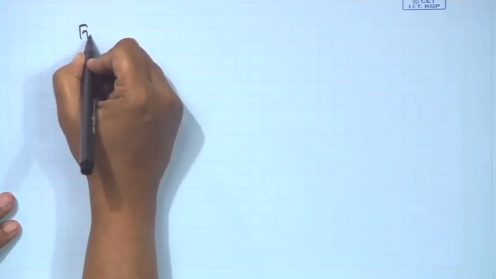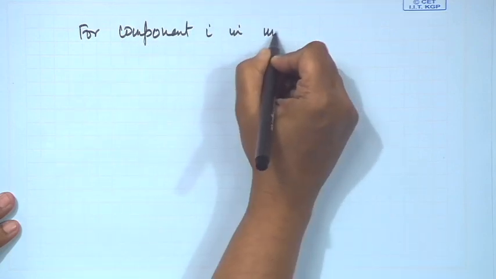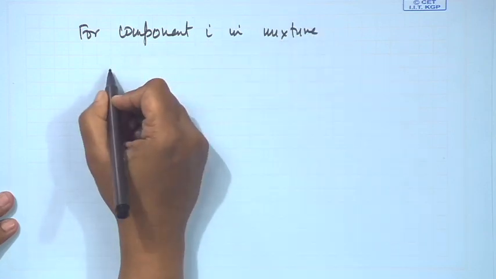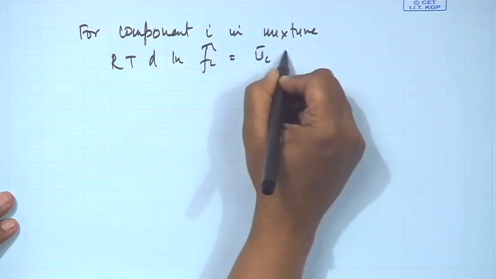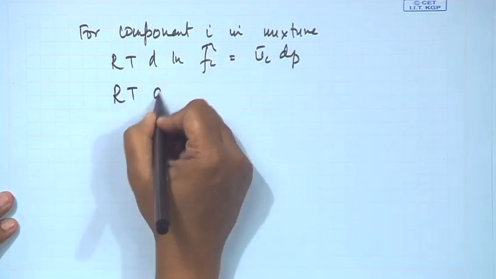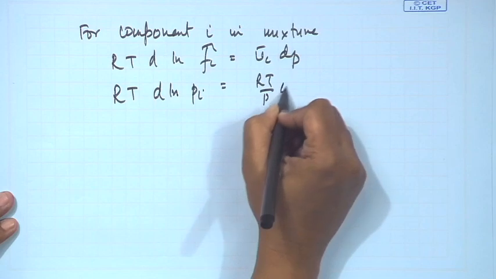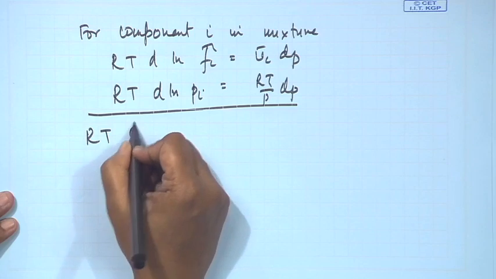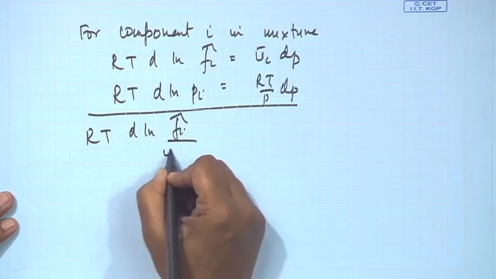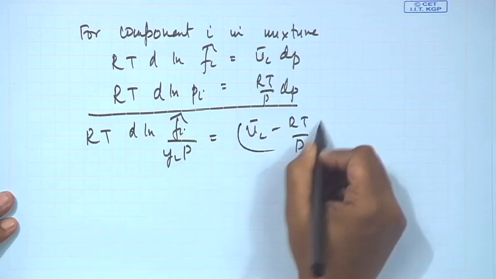Now, let us see what we get for this same component I in mixture. You tell me. In this particular case, it becomes RT dln Fi bar equals Vi bar dP, and RT dln Yi P equals RT by P dP. On subtraction, we get RT dln Fi bar by Yi P equals Vi bar minus RT by P dP.